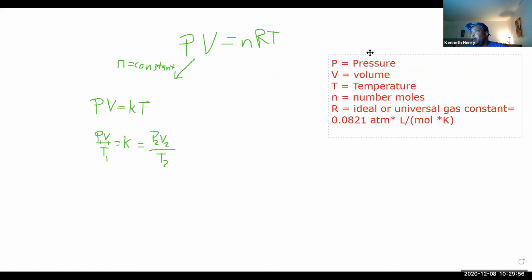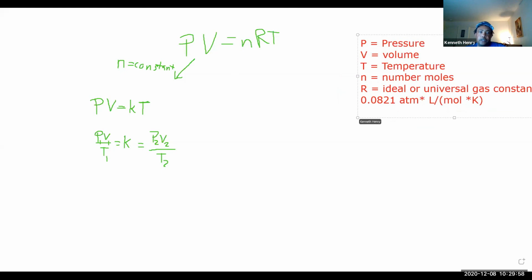Now I can do the same thing if moles and temperature are constant. So then in that case, I get P1 V1 equals P2 V2.